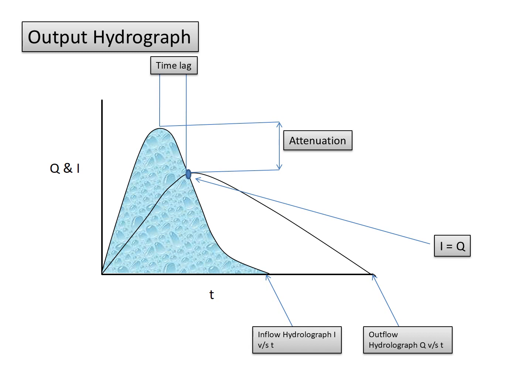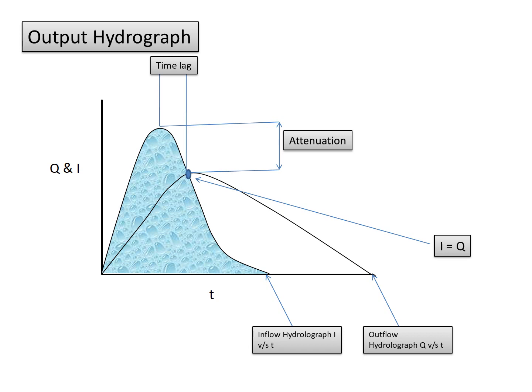There is also some lag of time between the peak of the flood hydrograph at the upstream side and at the downstream side, and this is known as the time lag, that is the time lag to achieve the peak on the downstream side.